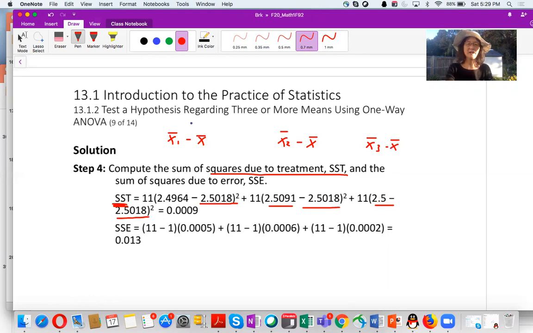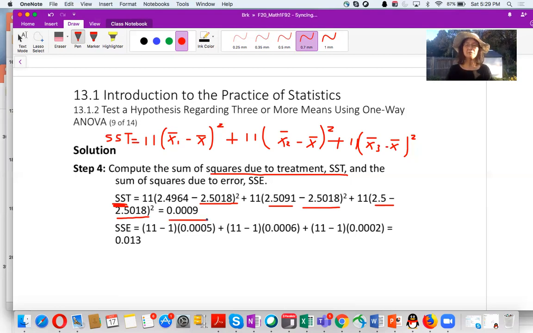And you have to square it, then times how many data in each sample. Each sample we have 11 data. And then add them together. That is the sum of square due to treatment. And this number is 0.0009.